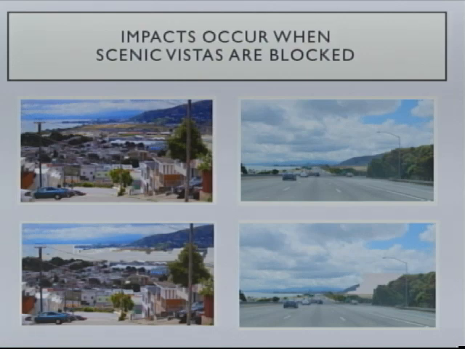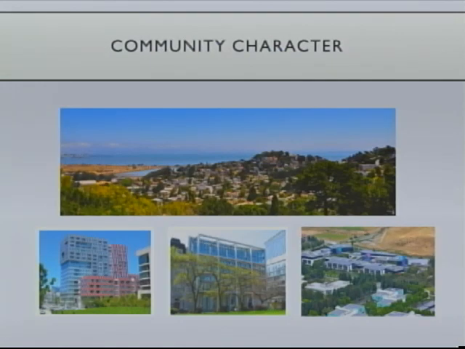So basically, maximum height, maximum amount of development, minimum setbacks, and up to the maximum amount of development that was permitted in terms of square feet. Community character is another one of the issues addressed in the EIR. And community character is, I'll just say it, the most subjective issue in the EIR.